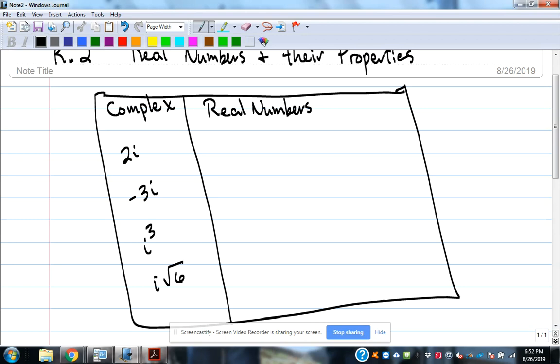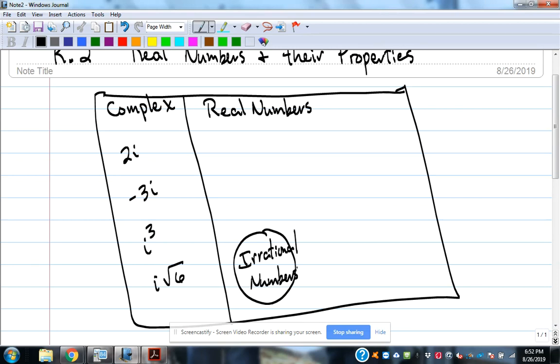The real number system has buckets inside of it. There's this bucket that kind of sits over here by itself, and it's the irrational numbers. The irrational numbers are numbers that cannot be written as fractions.